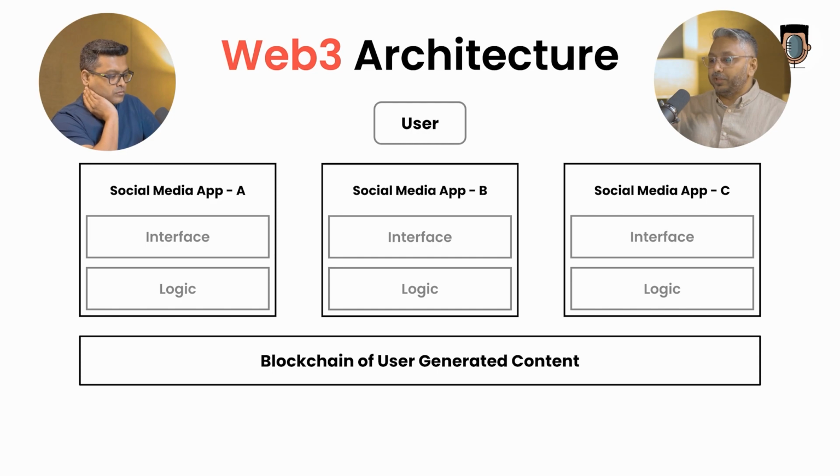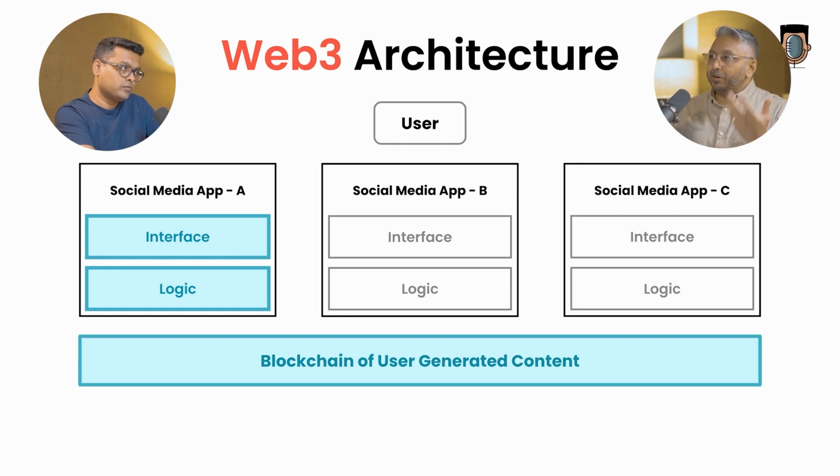Now imagine the flip structure. When we talk about Web3 architecture, underlying all of this you have the same three layers, except the data layer is shared. It's on the blockchain. Everybody's data is encrypted but available on the blockchain. And the user does not need to sign up within each application. The user just identifies themselves by signing a message using their own cryptographic key.